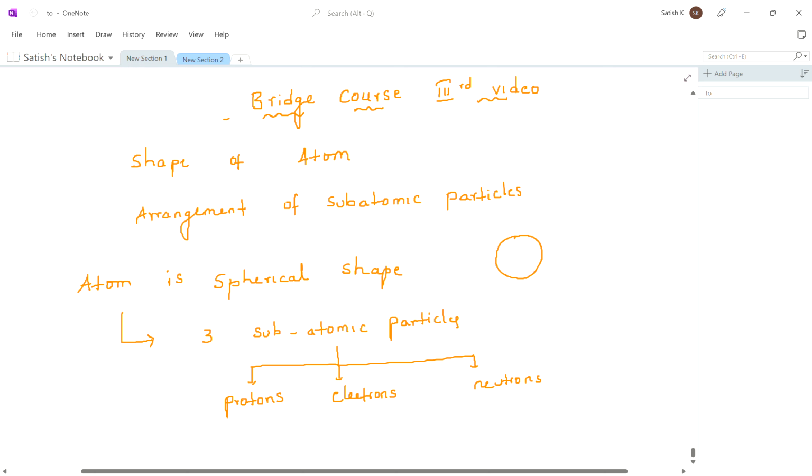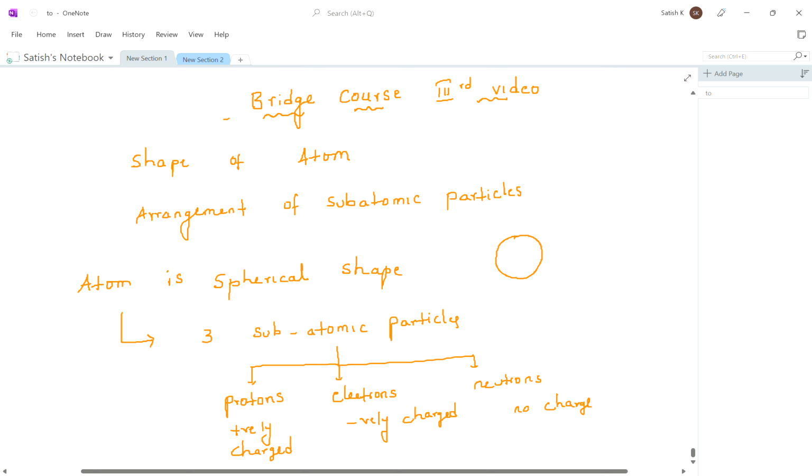Protons are positively charged. Electrons are negatively charged. Neutrons are neutral, no charge.